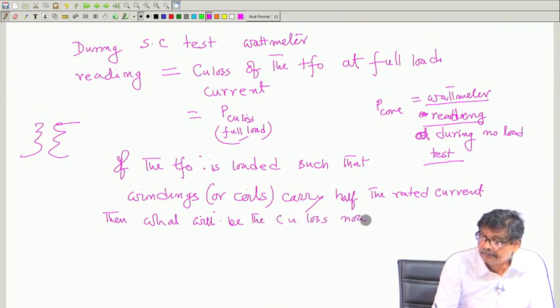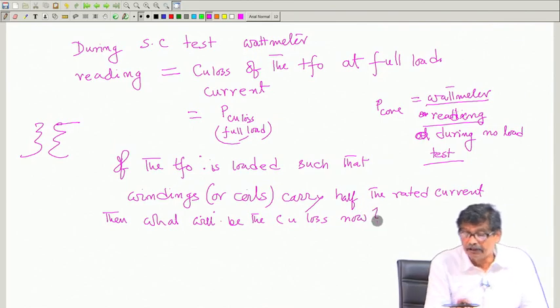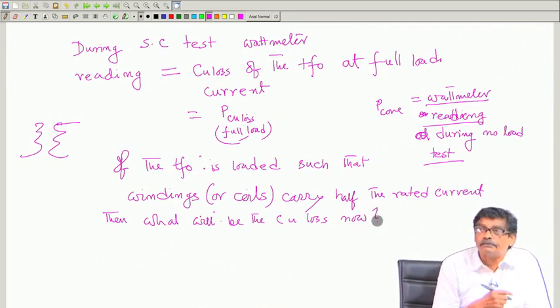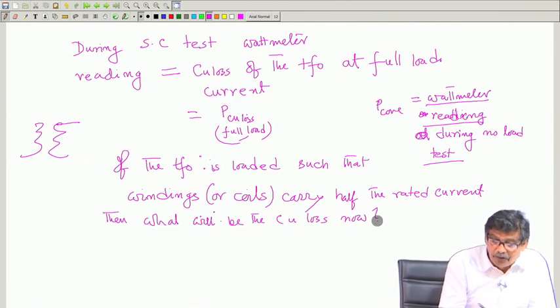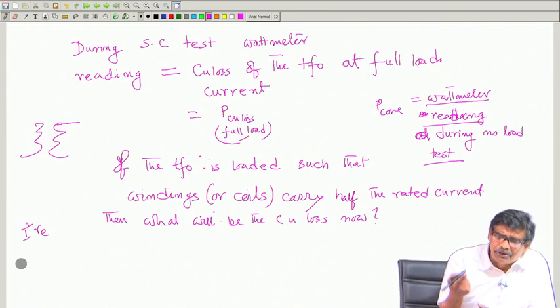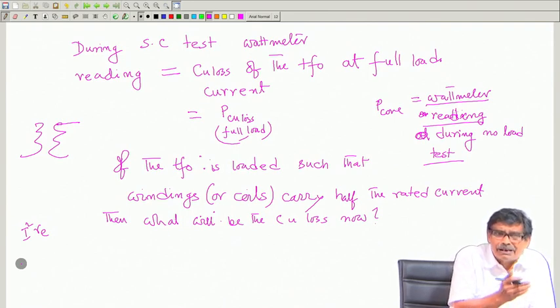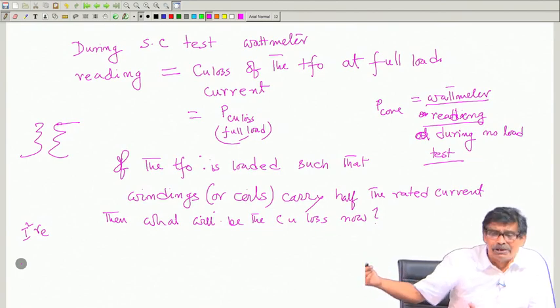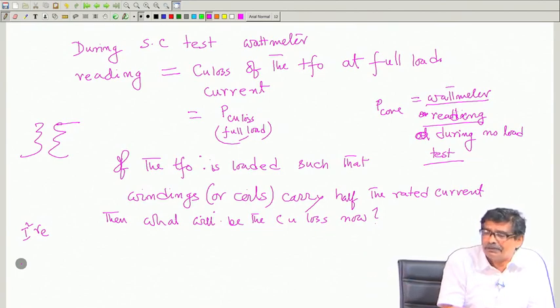Now, in terms of this full load copper loss, how much it will be? See, after all, copper loss is some I square into R e. It is I 1 square R e 1 or same as I 2 square R e 2. I will not separately calculate I 1 square R 1 plus I 2 square R 2. What is the point after I have done this?